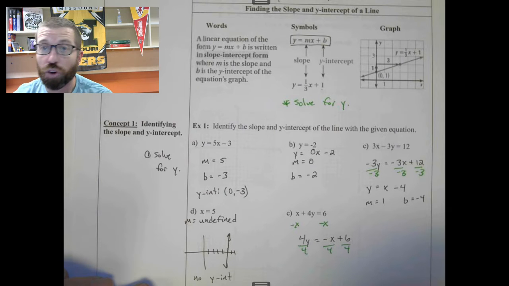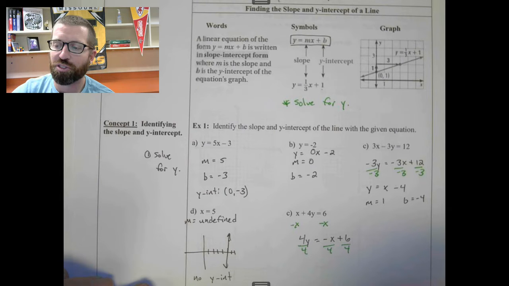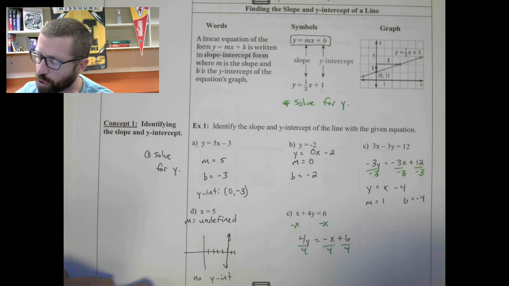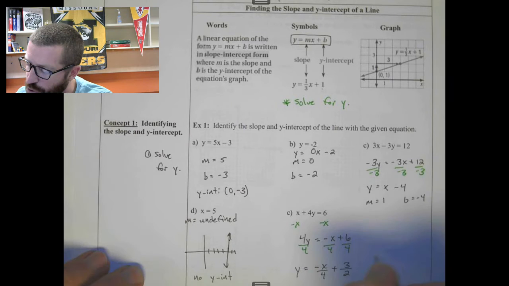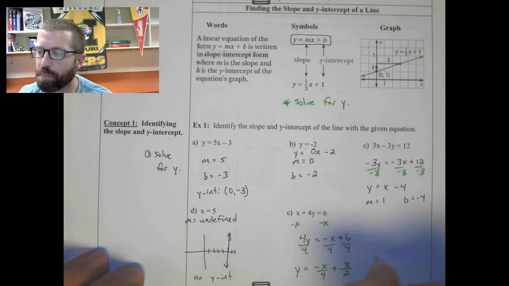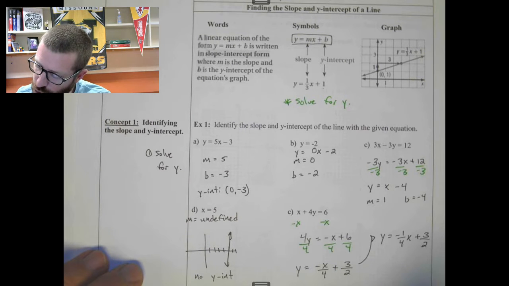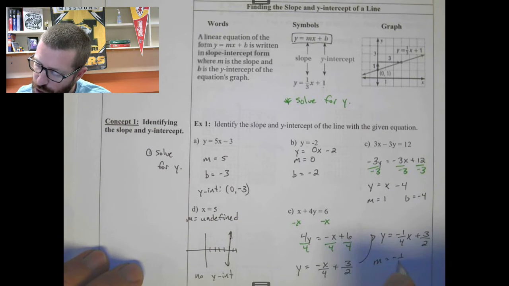Sometimes the x being on top throws people off. This can also be written as -1/4 x plus 3 over 2. One way is not better than the other. It's just a different way to represent this fraction. And so the slope is -1/4, and the y-intercept is 3 over 2.